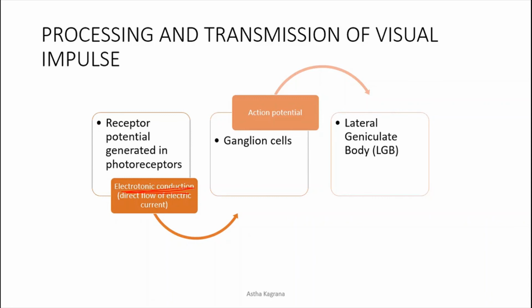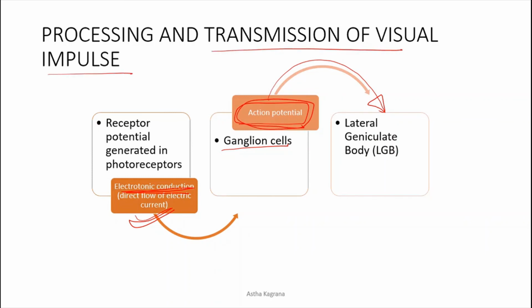So an action potential is not generated, but the receptor potential is transmitted ahead to the ganglionic cells via direct flow of electric current. But from the ganglionic cells, the same receptor potential or electric current is transferred to the LGB by generation of an action potential. So this is how the transmission of visual impulse takes place.